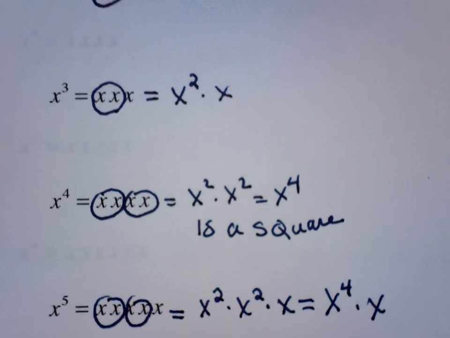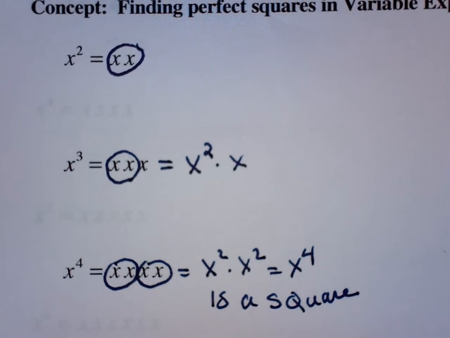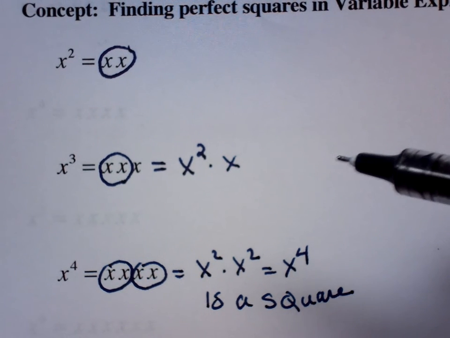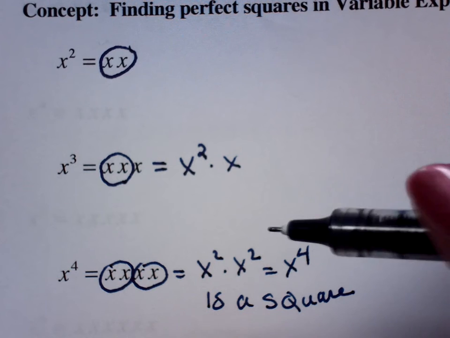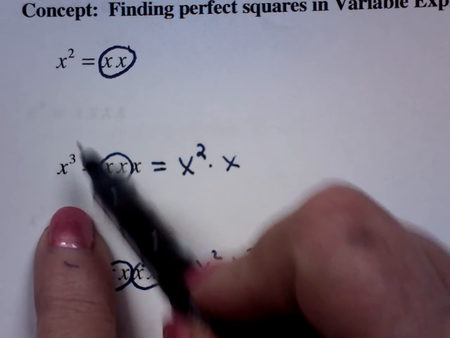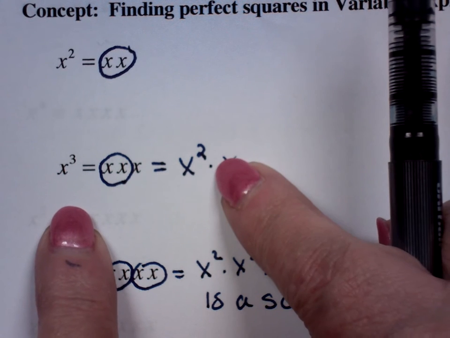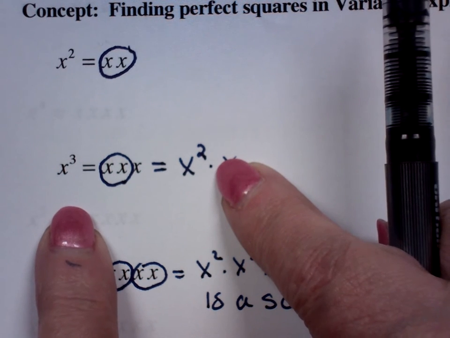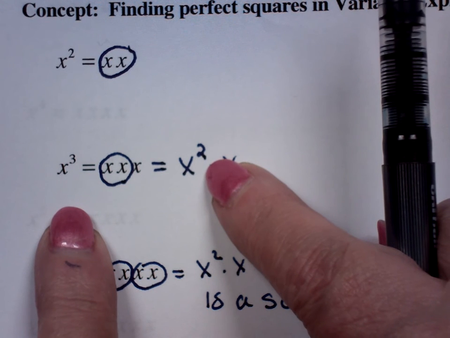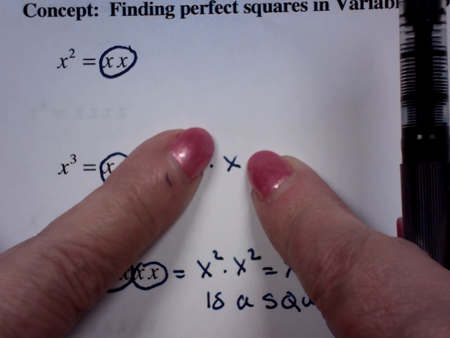So this is what I want you to notice and get out of this. If I'm looking for a square that's in a variable, the largest number divisible by 2 before 3 is 2. That's your square, because 2 is divisible by 2. And then you've got 1 left over.